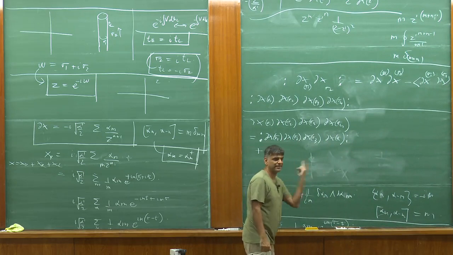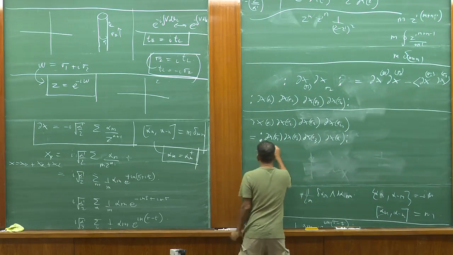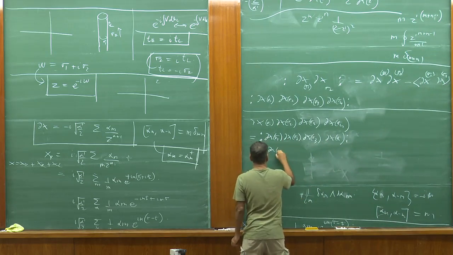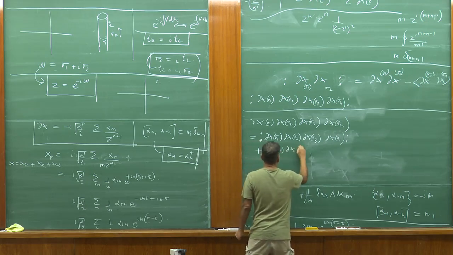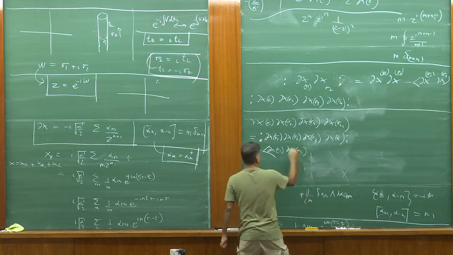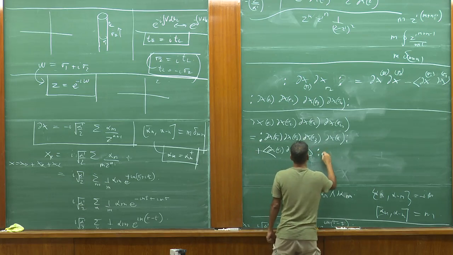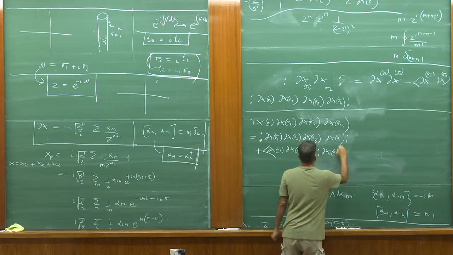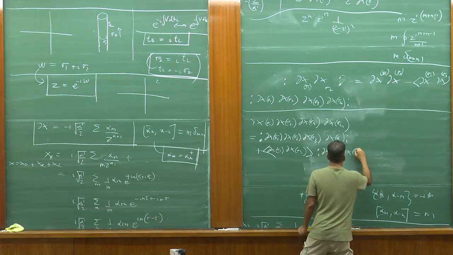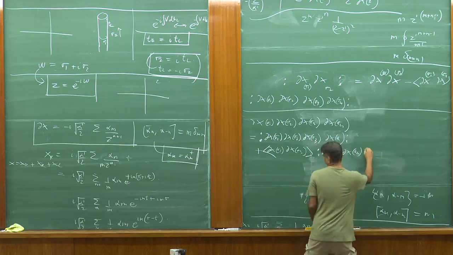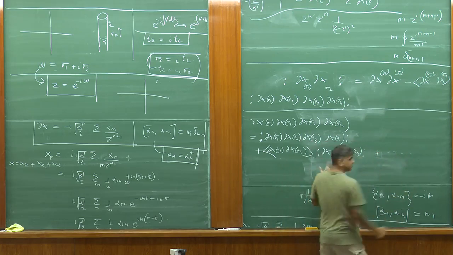I'm going to write down the first and the remaining will be clear. Plus del x of sigma 1, del x of sigma 2 expectation value, times normal ordered del x of sigma 3, del x of sigma 4. Plus other terms where you choose the pairs.